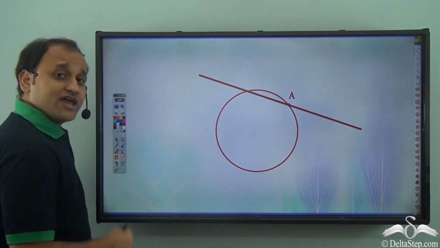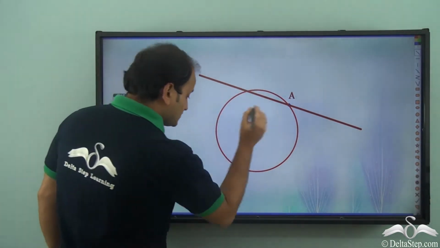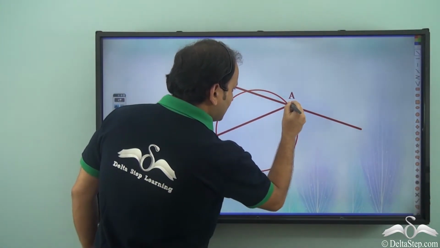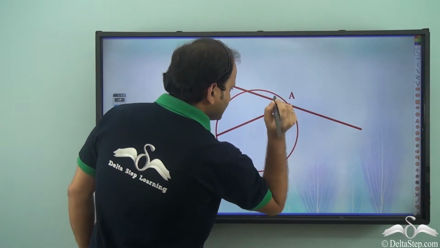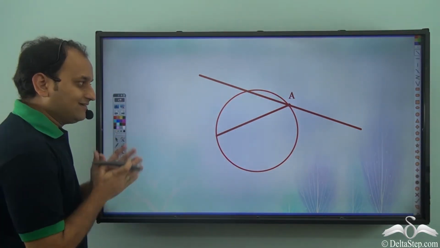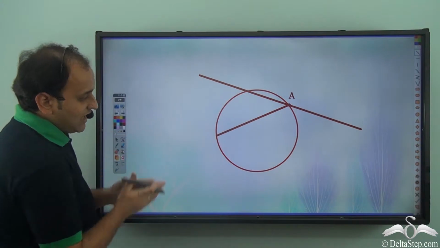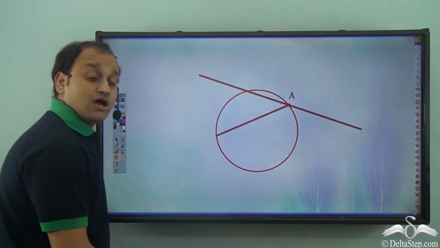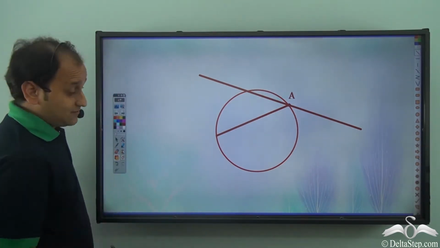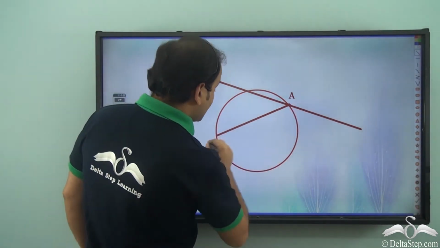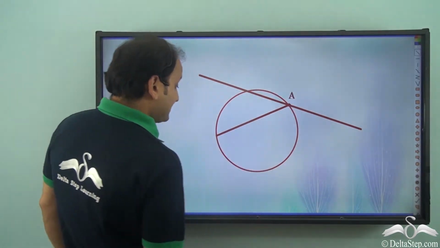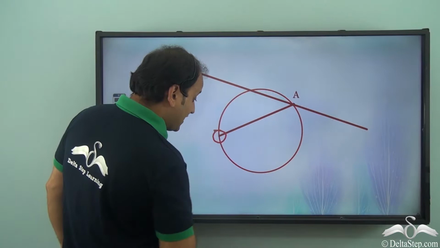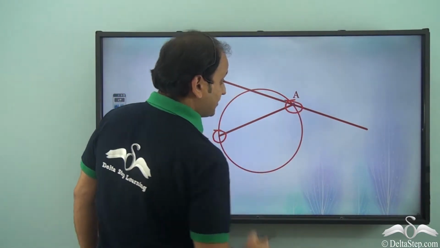Now let me try another possibility. I have this here and I draw it till here. Again, what do I have? We have this particular line segment, which is a chord of the circle, isn't it? Because it touches the circle at 2 points and it is a segment which starts at this particular point and ends at this particular point.